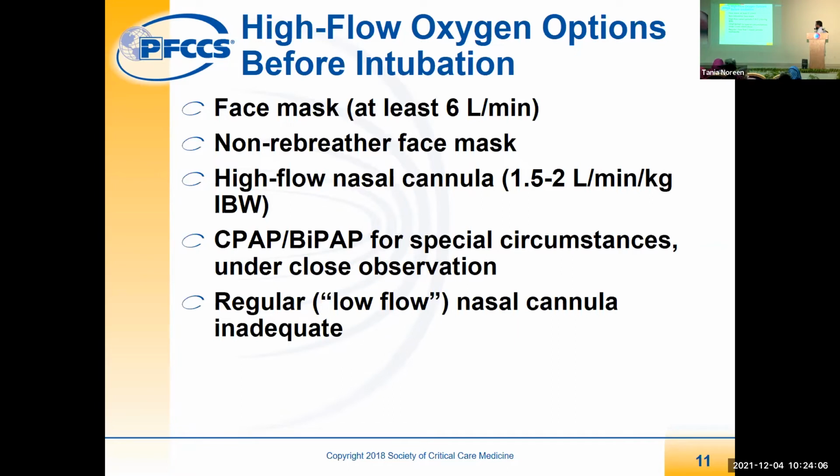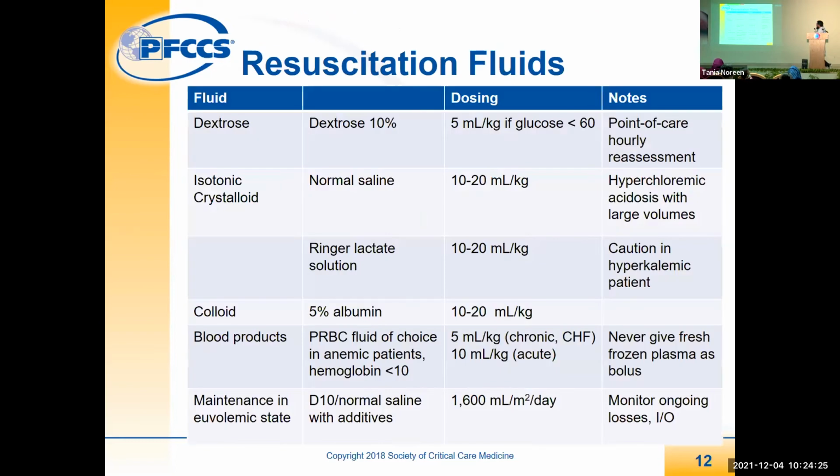Intubated patients are much safer than BiPAP as far as observation is concerned. These are the patients who need very close observation, whether they need more support or not. Generally, regular low flow nasal oxygen cannulas are not adequate in these circumstances. Okay.